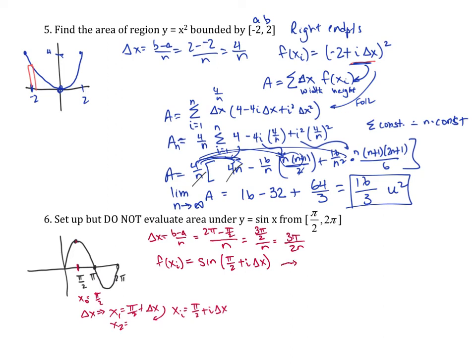All right, so now, plugging all this in, I will have the area, right, is the limit as n goes to infinity of this summation, where i is equal to 1 to n, and now I'll have this 3 pi over 2n. This is my delta x, this is my width, times my height, and my height in this case will be this sine of pi over 2 plus my i delta x.